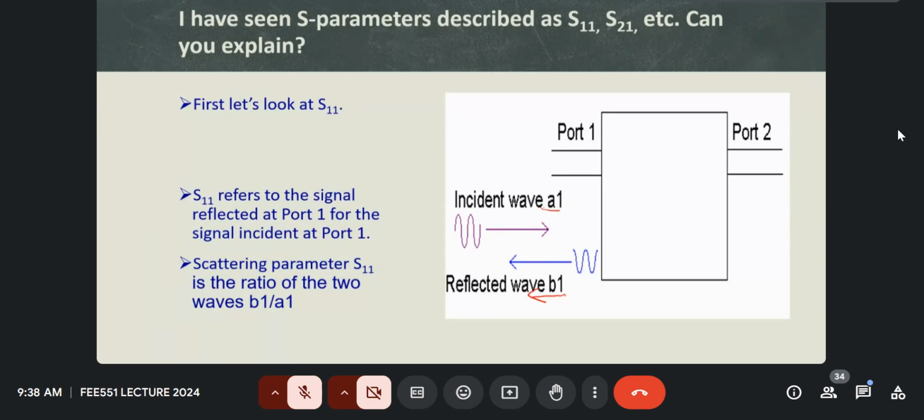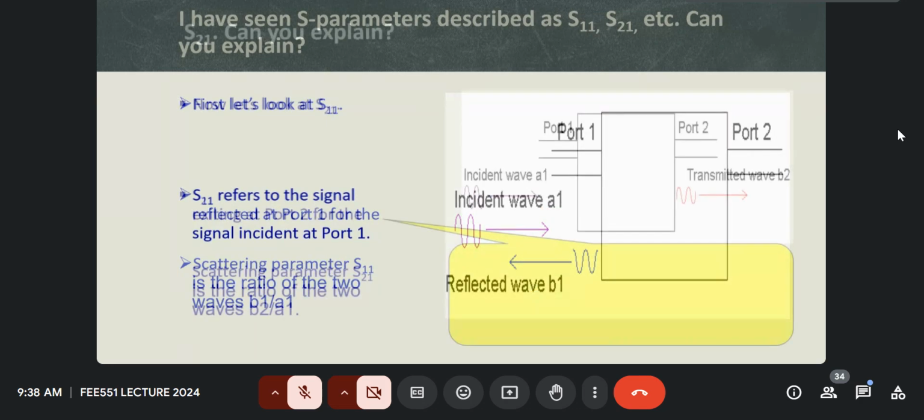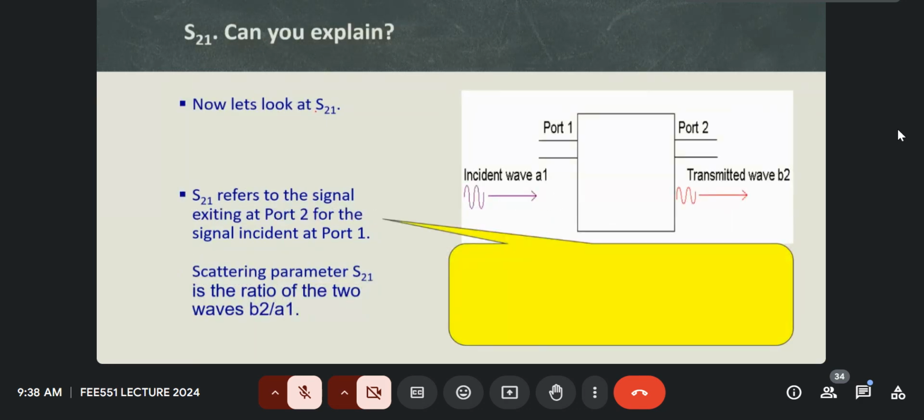What about S21? For S21, we want to look at the signal exiting at port 2, which is B2, over the signal at A1, the signal incident at port 1. So S21 is B2 over A1.